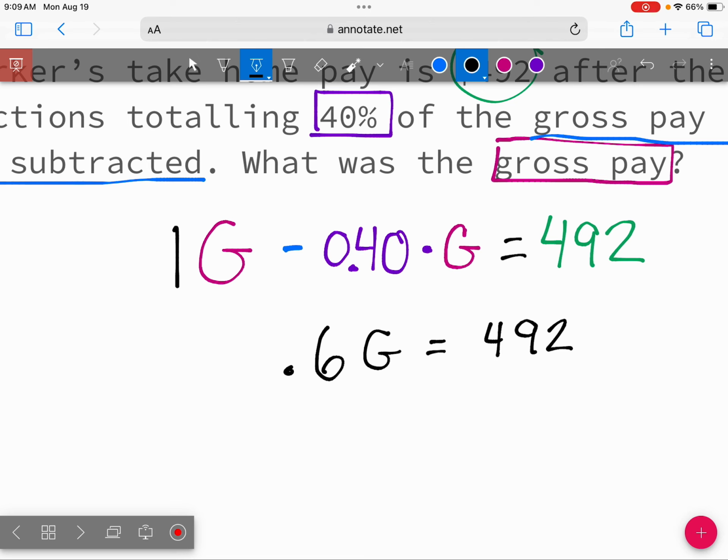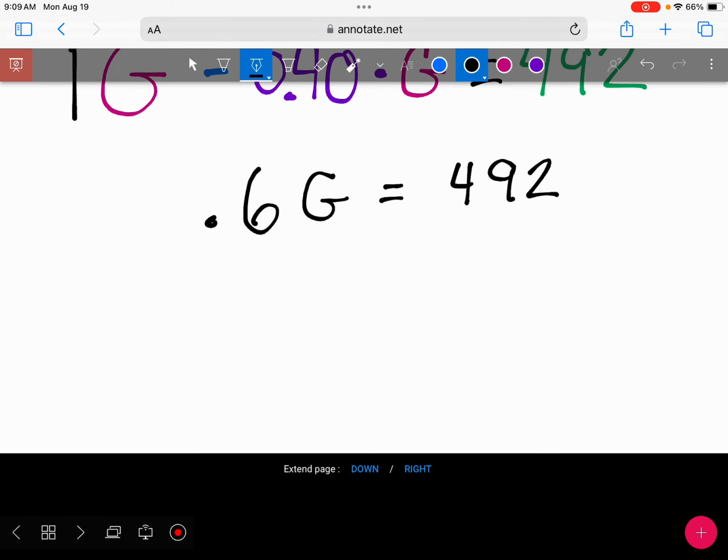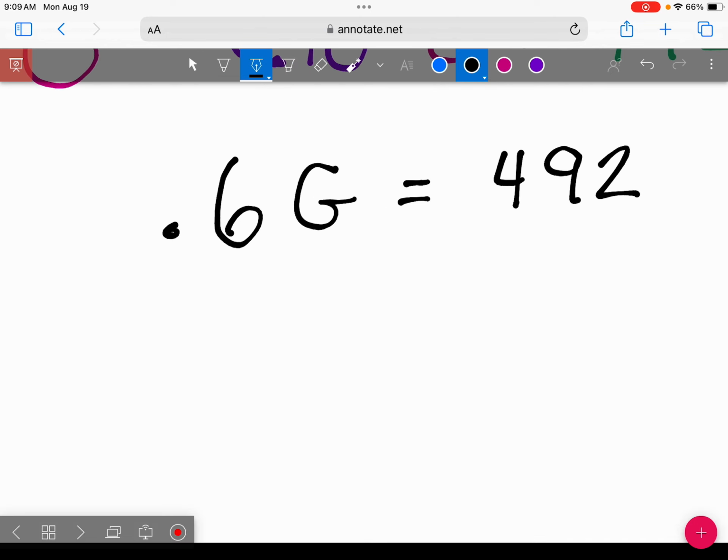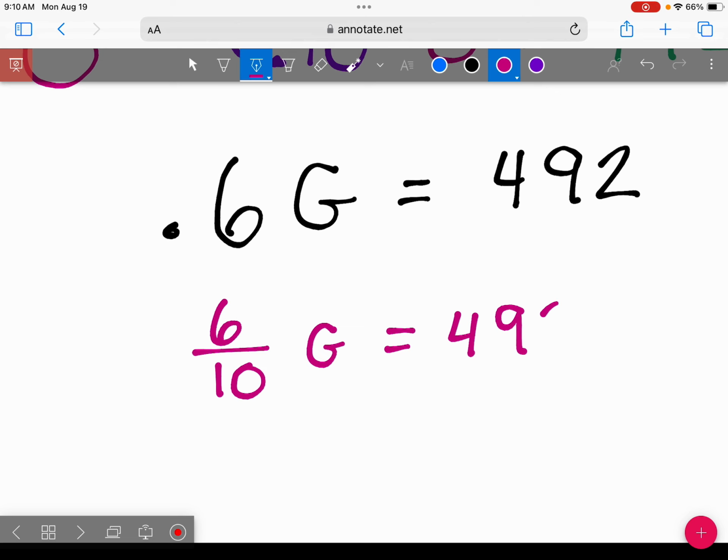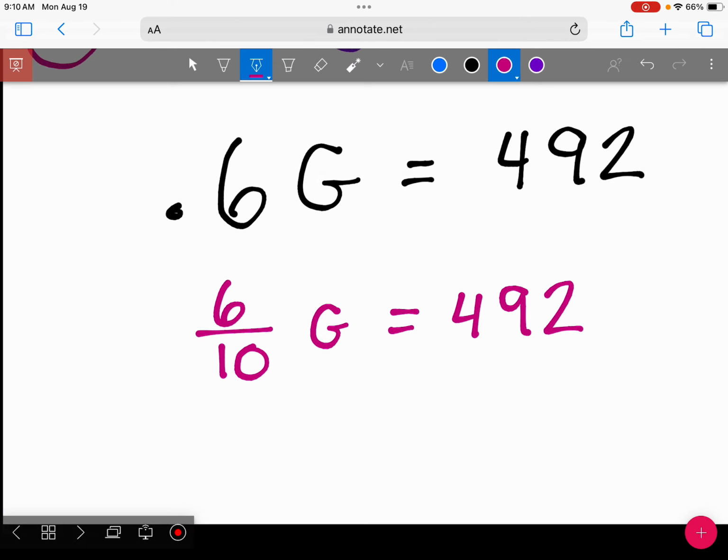What the heck can we do here? Divide by 0.6. Is that easy to do without having calculators? No. Without having calculators? How do I put 0.6 as a fraction? Because that might be easier. 6 over 10. Because what can I do to get rid of a fraction? Multiply by our denominator, for sure, to get rid of the fractions.